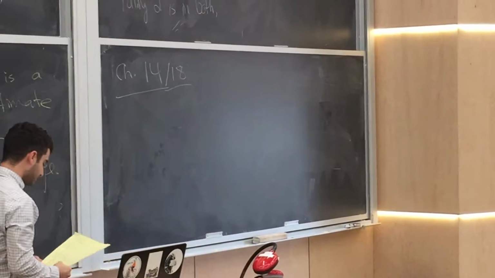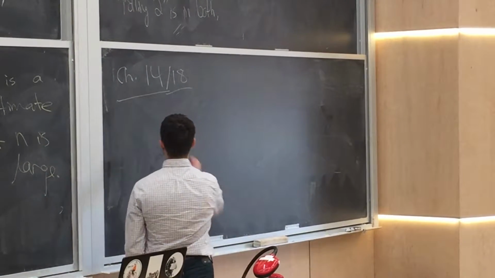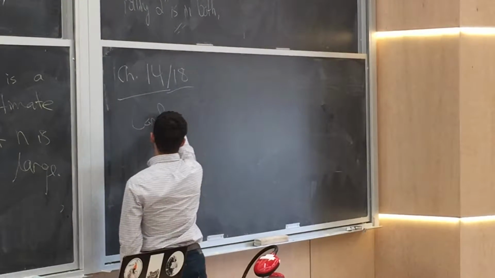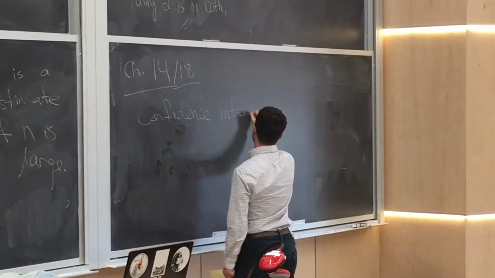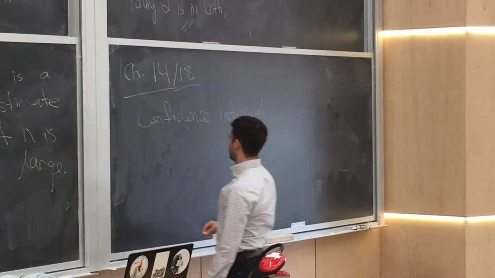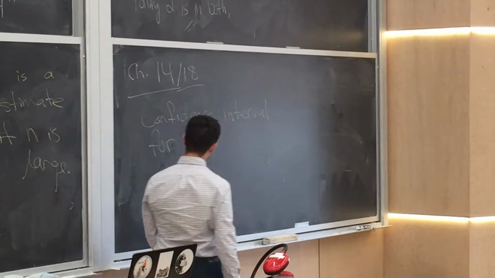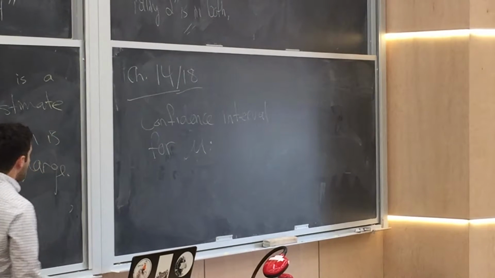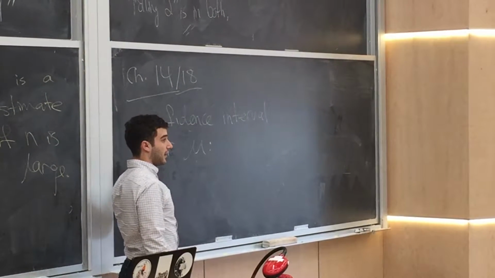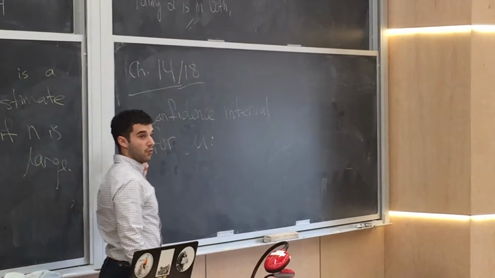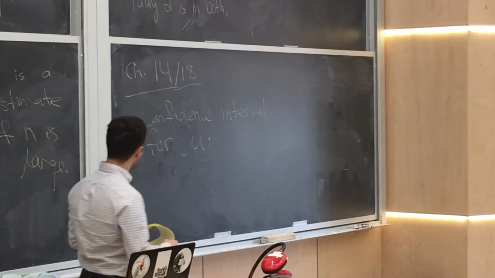So we have the following formulas for confidence intervals for mu. And we're going to have a different formula depending on whether we know what sigma is or whether we don't know what it is. Okay?